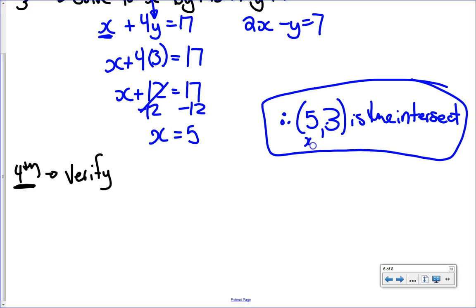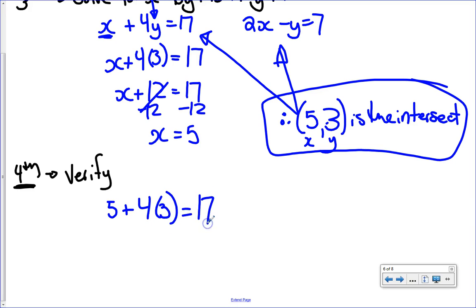So I'm inserting this in for x and this in for y in this equation and into this equation. So it would be 5 plus 4 times 3, hopefully equals 17. So 5 plus 12, that equals 17. So we're good. That means the point 5 comma 3 is on that line.